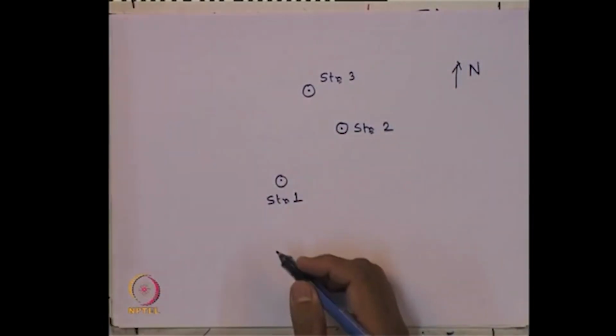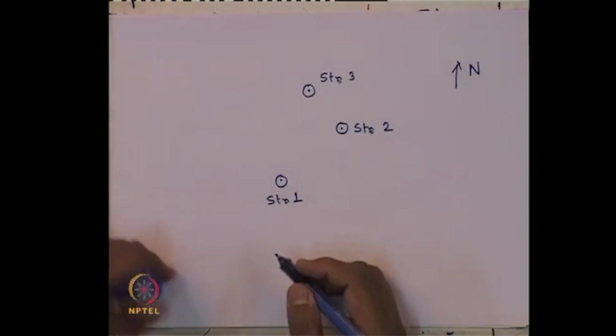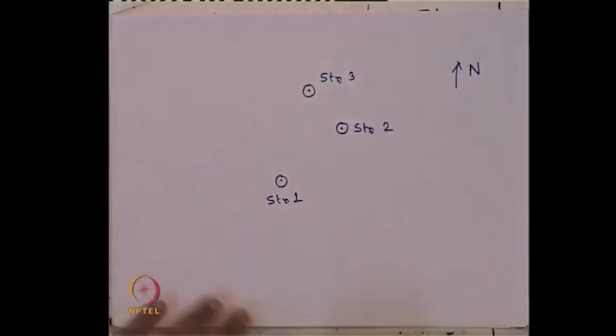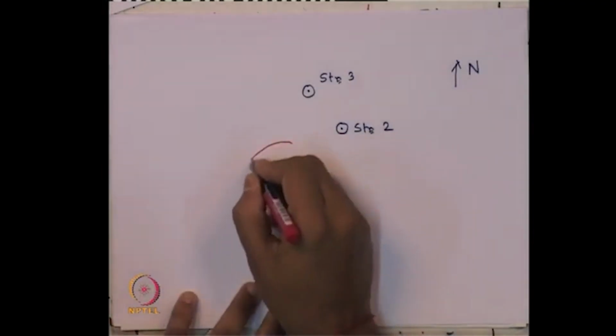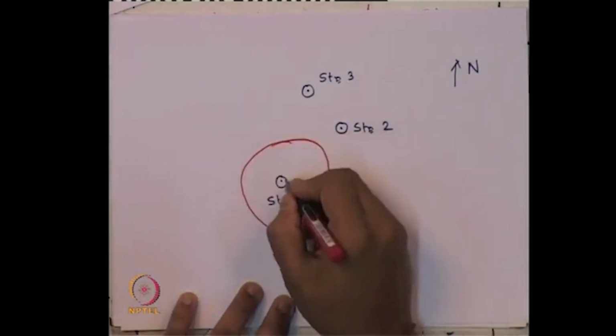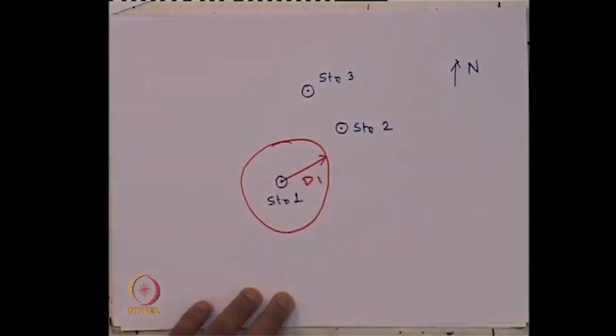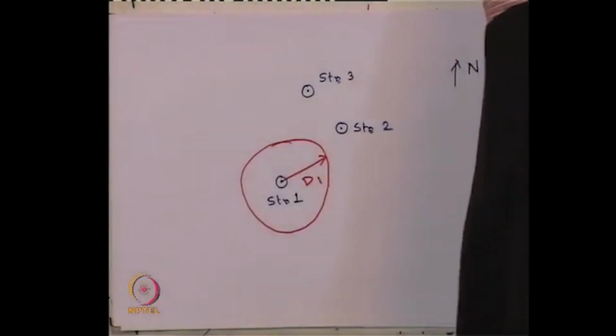Now, all the distances d1, d2, d3 we have calculated. So, what we can do is, using station 1, we draw a circle with d1. Let us say it comes out like this. With d1 we have to draw it on a graph sheet using a compass, so that it comes out nicely.